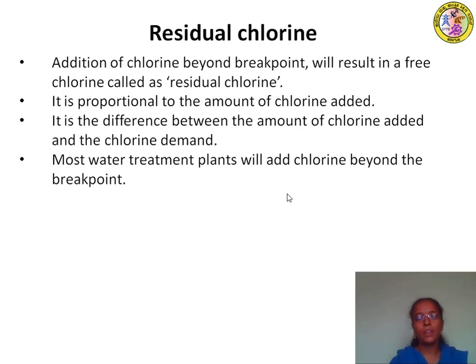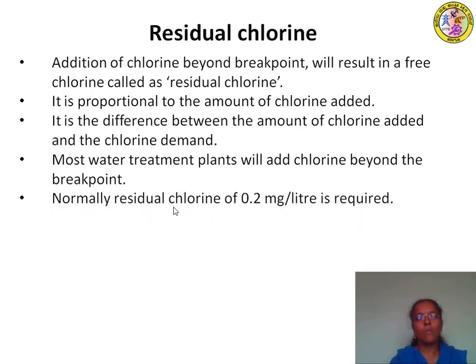So most treatment plants add chlorine beyond the breakpoint, that means beyond the demand. Normally a residual chlorine of 0.2 milligram per liter is required. This is the suggested dosage as residual chlorine.